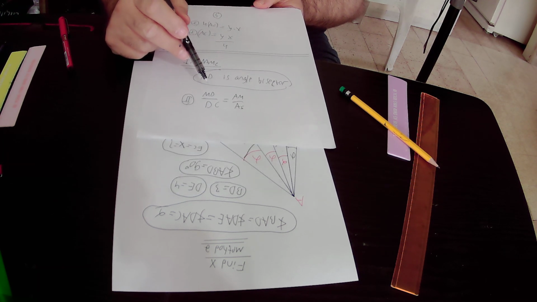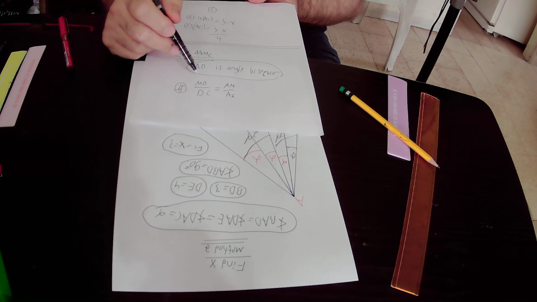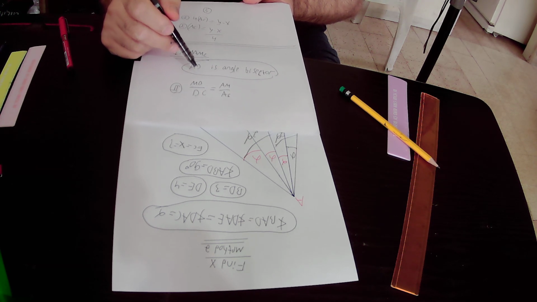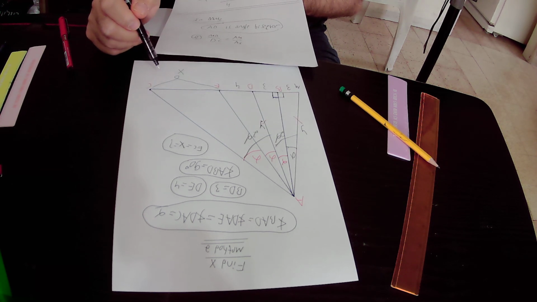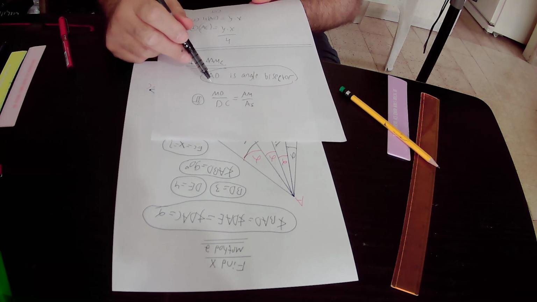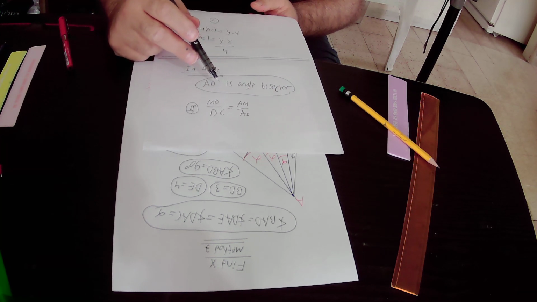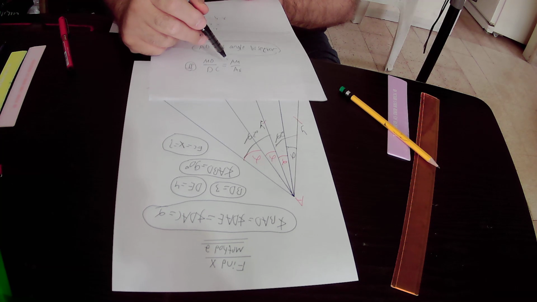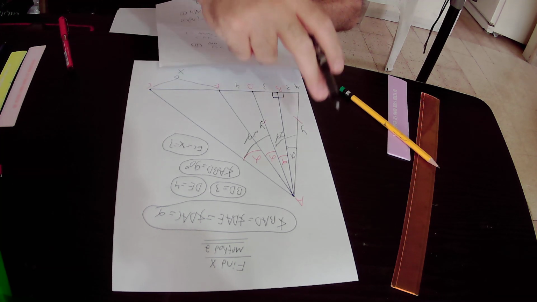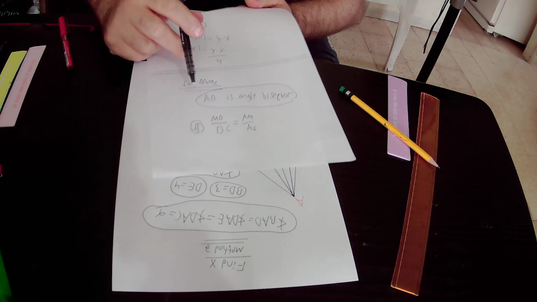Okay, the ratio in which angle bisector AD divides side MC of triangle AMC is MD over DC, and that ratio equals the ratio between the angle legs, that is to say AM over AC.